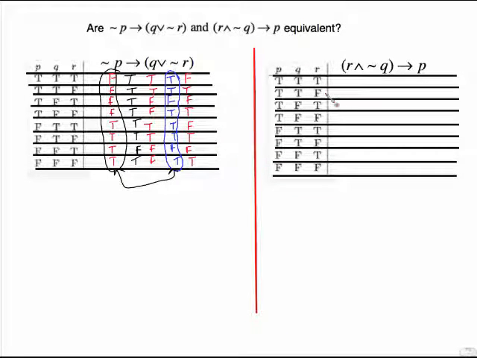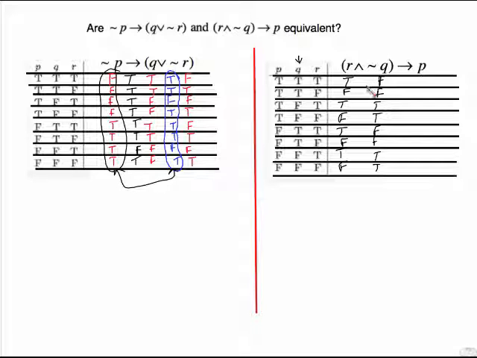All right, to do this one, starting inside the parentheses, R is this column here, which is T, F, T, F, T, F, T, F. Not Q tells me to negate this column, so this will go F, F, T, T, F, F, T, T. And I want to put these together under the connective AND.